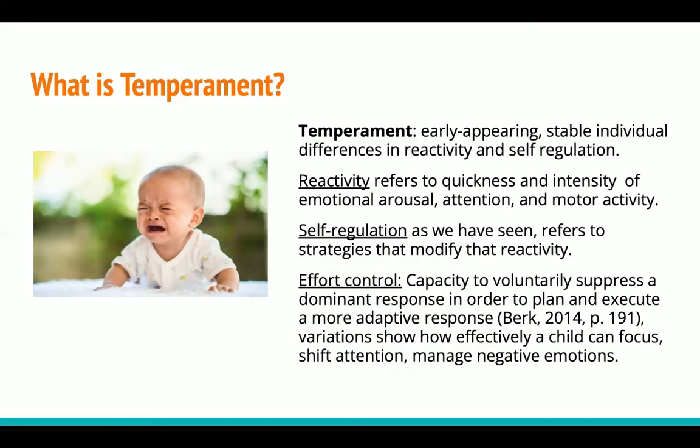Self-regulation, as we have seen, refers to strategies that modify that reaction, and effortful control is the capacity to voluntarily suppress a dominant response in order to plan and execute a more adaptive response, according to Berk, page 191. It is used to show effectively in a child who can focus, shift attention, and manage negative emotions.